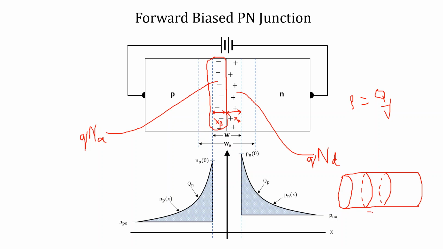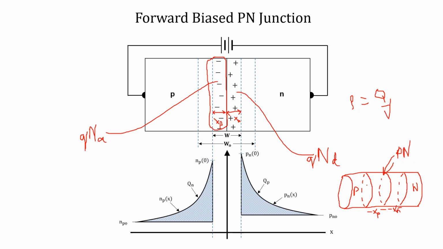Let us say this is xp, and the depletion region on the N side up to here. Let us say this is xn. So this is the N side, this is the P side, and this is your PN junction.